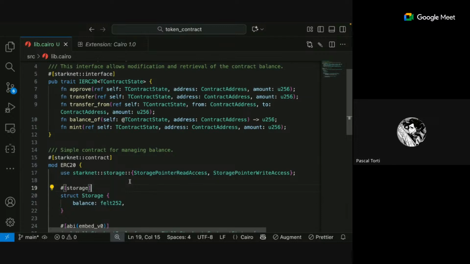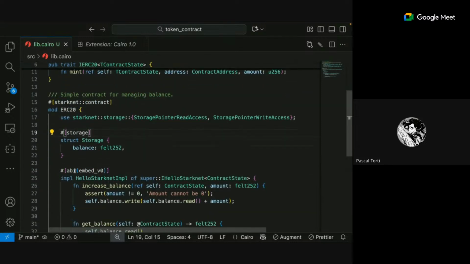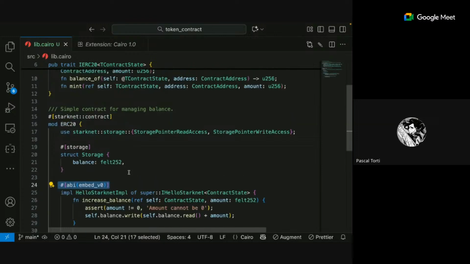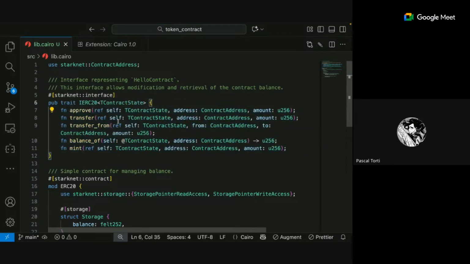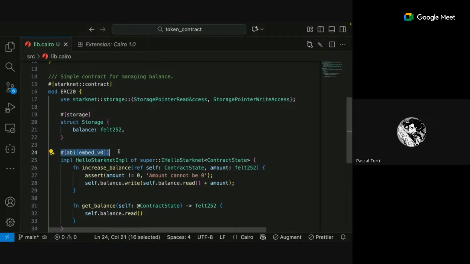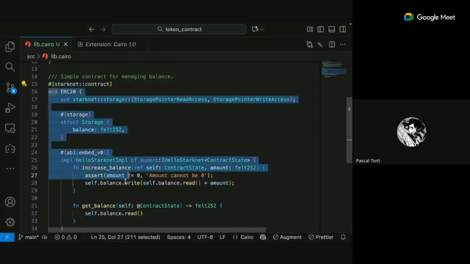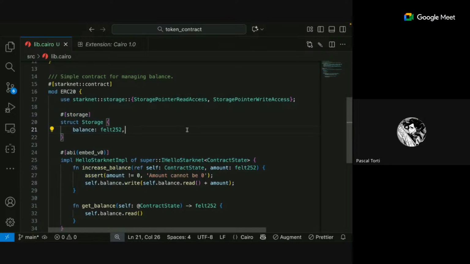Then, of course, we need this now. This is to expose our entry points. These are the entry points that we need here. We want people to call this from outside, so we expose it with this. I'm sure we did this last week. This is for storage, and this macro here tells the compiler that this is a Starknet contract.